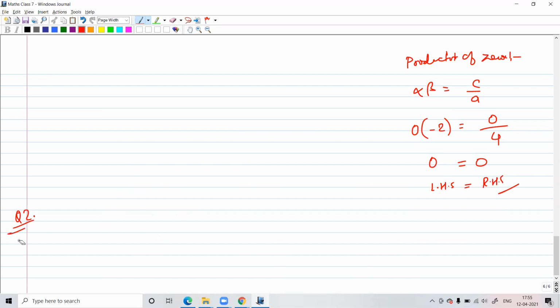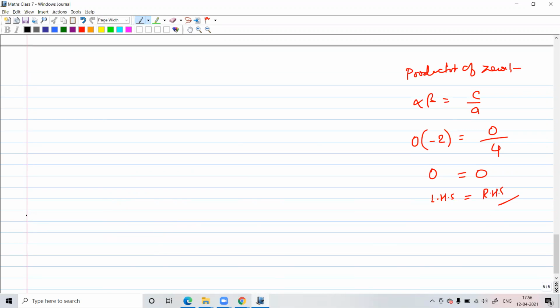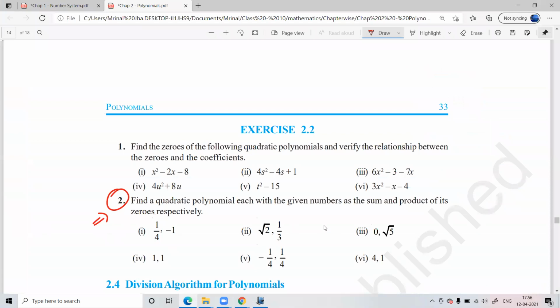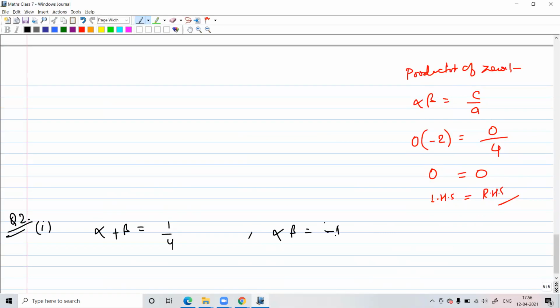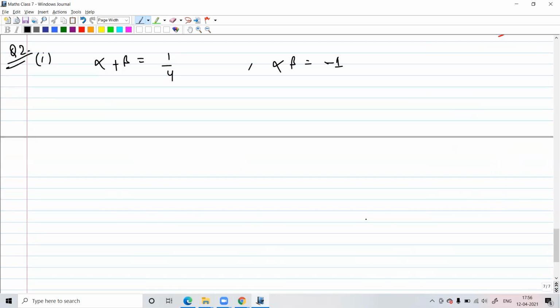So question 2. Alpha plus beta is given to you as 1 by 4. And what is alpha into beta? The product. That's your second number, -1. Product of its zeros is -1. If you go through the video of the previous class, you will know how to write the polynomial directly from this.